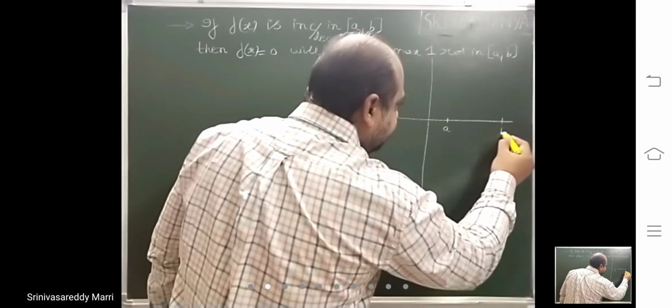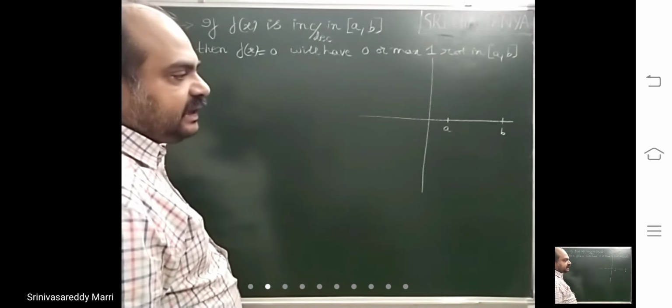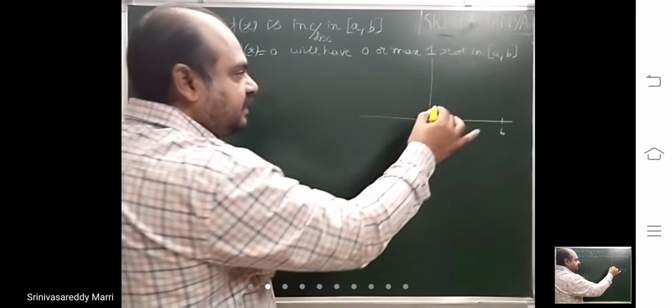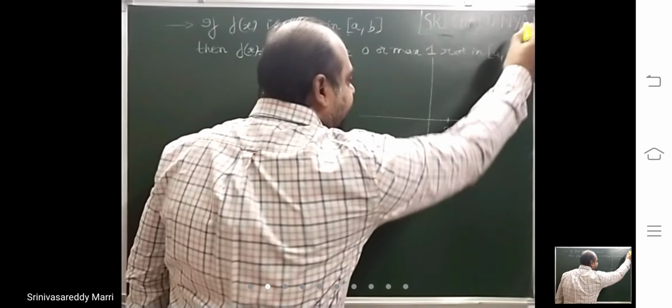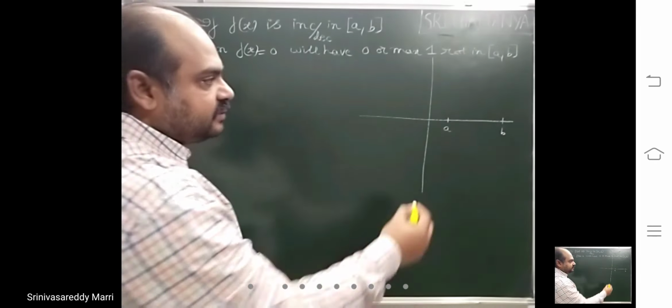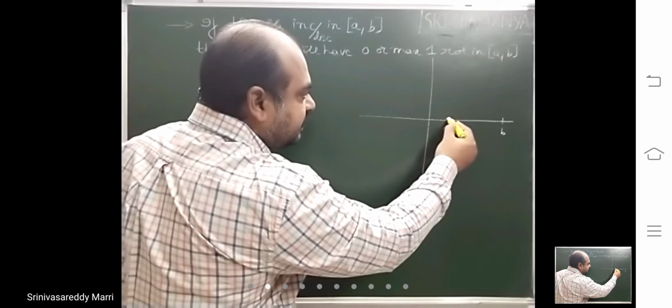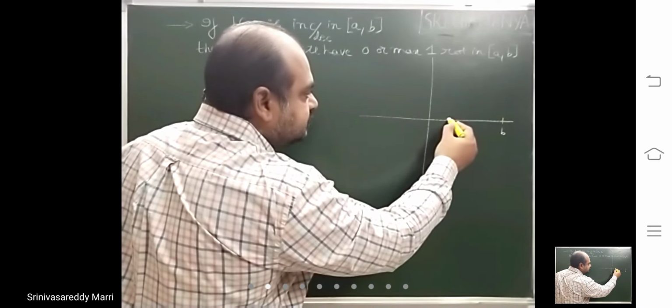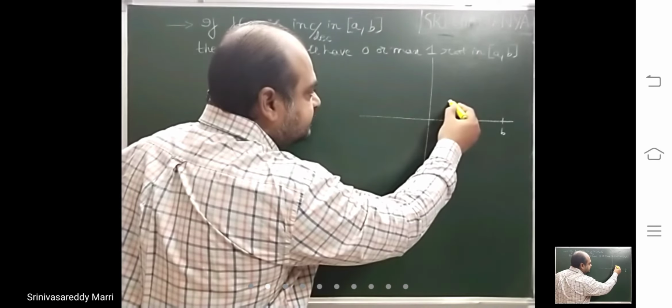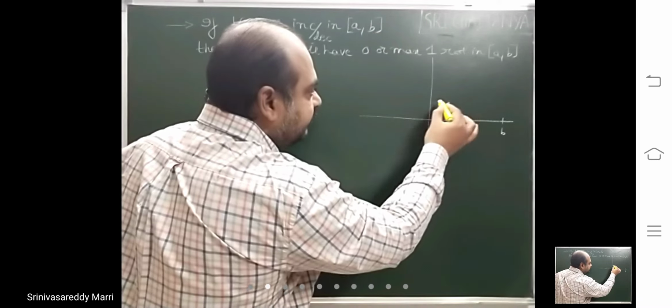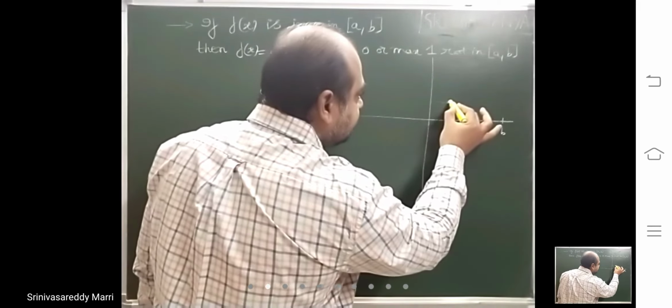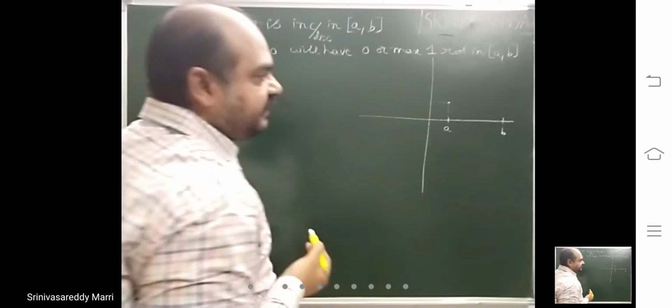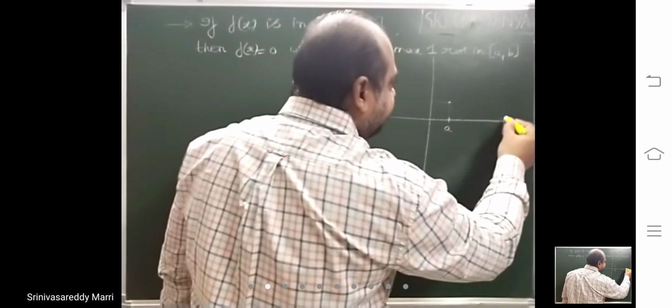In A to B, suppose increasing means what? From down to up, A to B. Suppose graph can be like this, whatever I am trying to look at. So suppose f of A value is here. Depending upon the f of A, you will have roots. F of B is here.